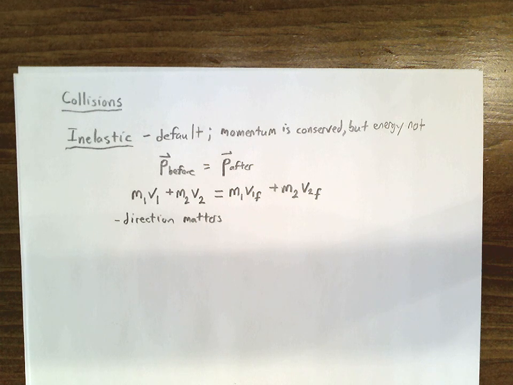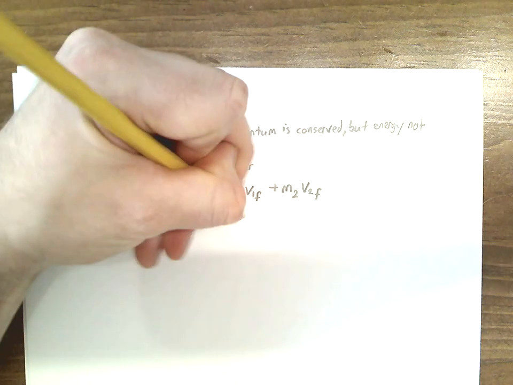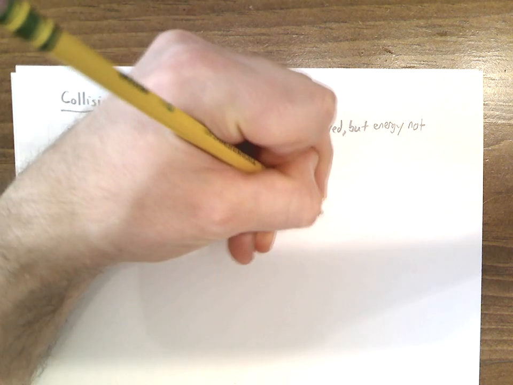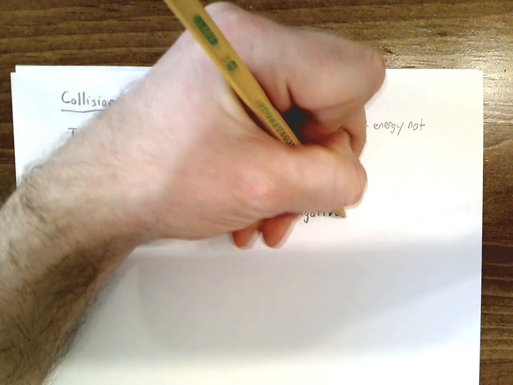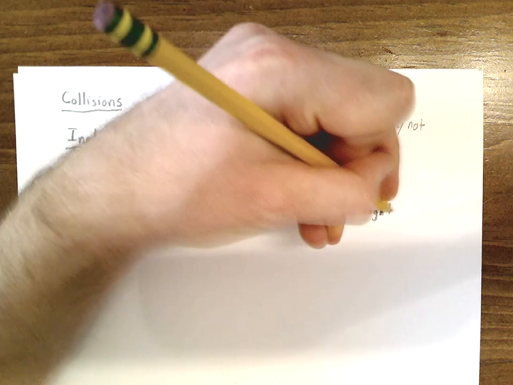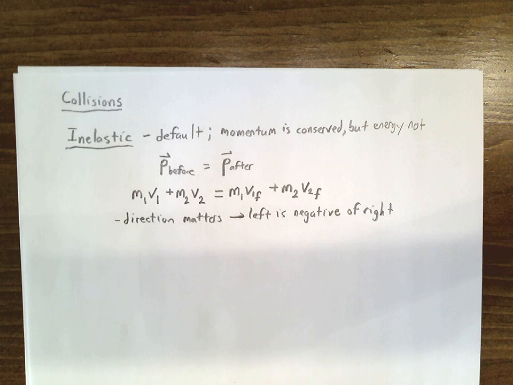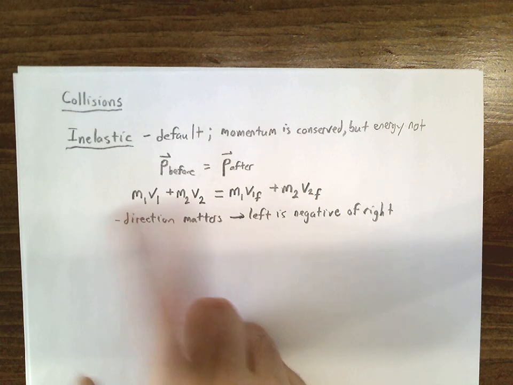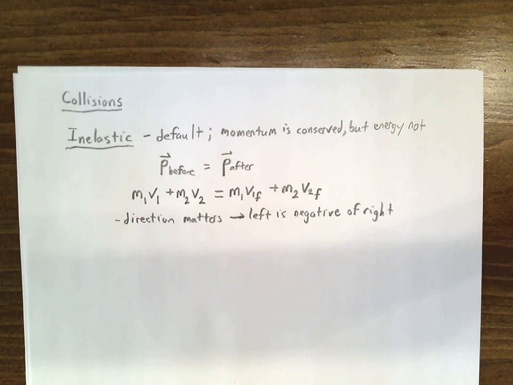We need to take that direction into account. Left is negative of right, up is negative of down, whatever opposites you have, we need to treat them that way. So when you're thinking about your objects before and after the collision, we need to think about which way they go. That's going to affect how we mathematically treat each of these velocities along the way.